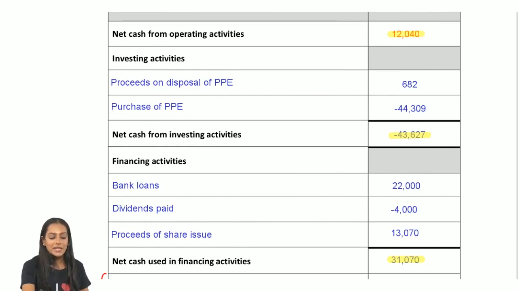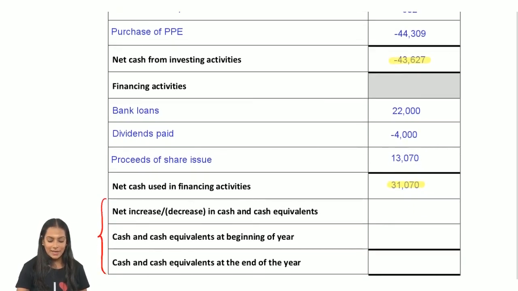This will give you the net movement of cash. So do 12,040 minus 43,627 plus 31,070. This gives me a net movement of negative 517.